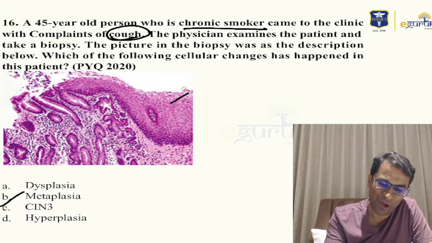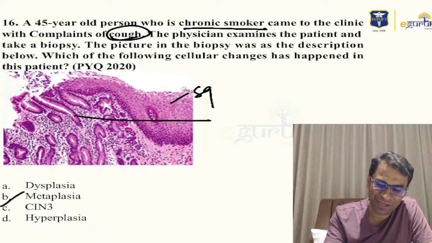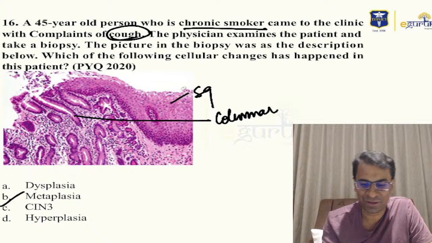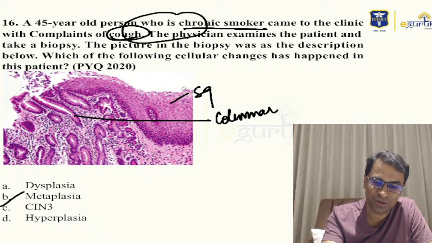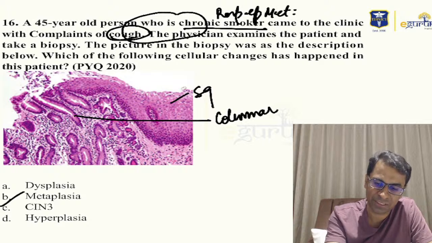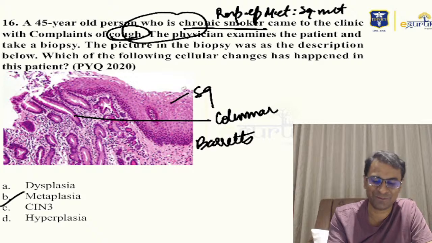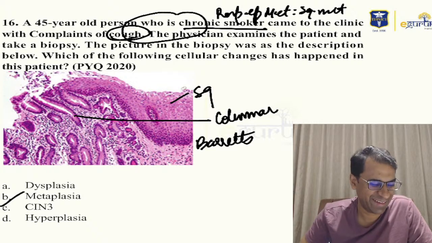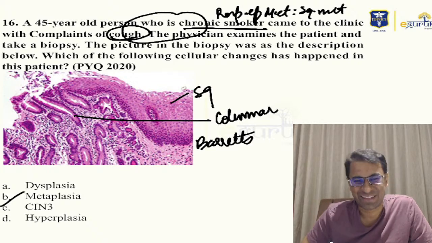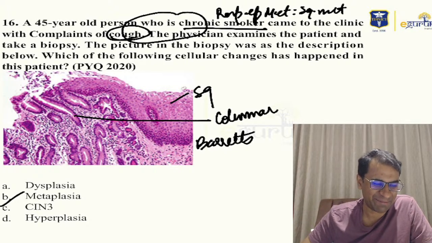This is squamous epithelium, and these are all columnar epithelium. The image is not matching, so don't worry about this. The question is on respiratory epithelial metaplasia, which is squamous metaplasia, but the image is of Barrett esophagus. I cannot change it right now, but yes, the answer is metaplasia only.